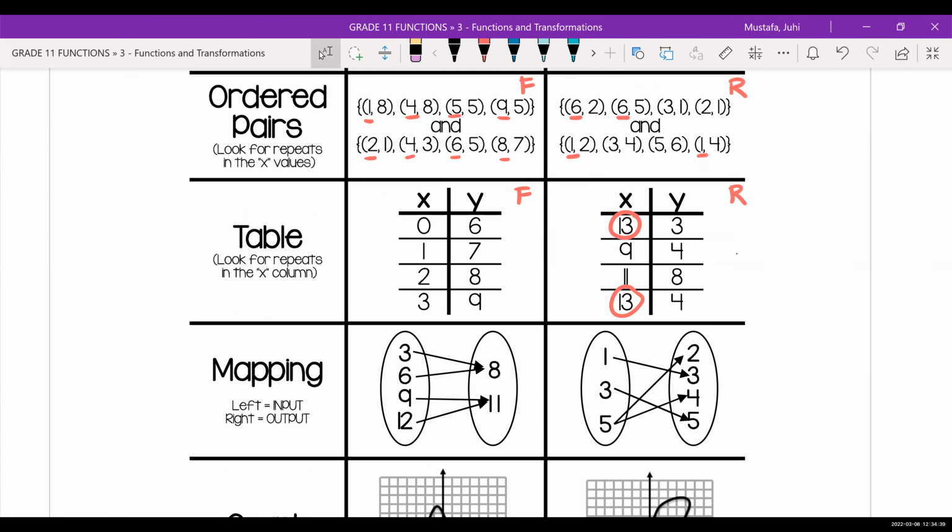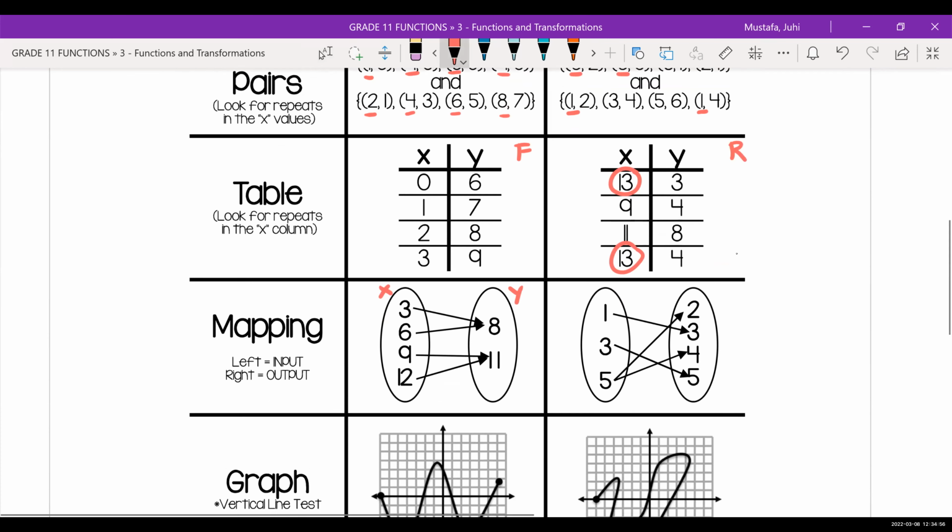You may or may not be familiar with these mapping things, and even taking computer science here, because I know you use input and output there. That might seem familiar to you, but basically this represents your X values and this represents your Y values. So it's the exact same concept. What's happening with the arrows is the arrow pointing to the other arrow is a matching pair.